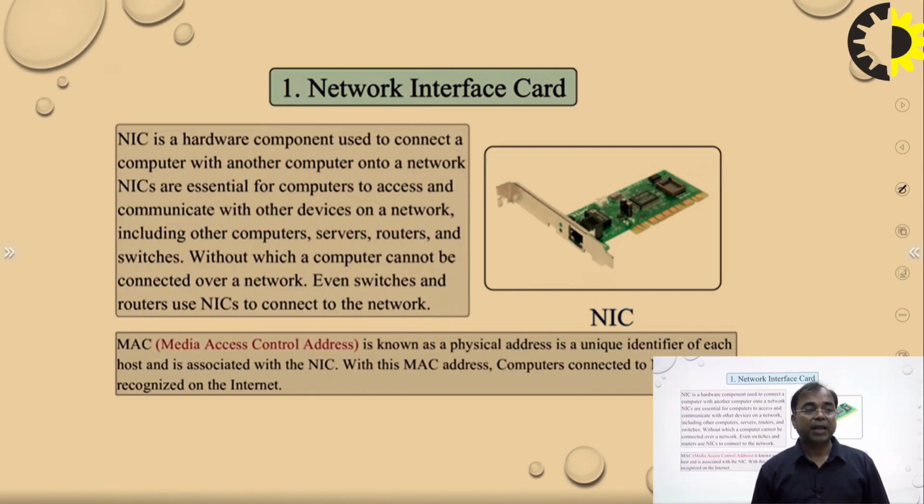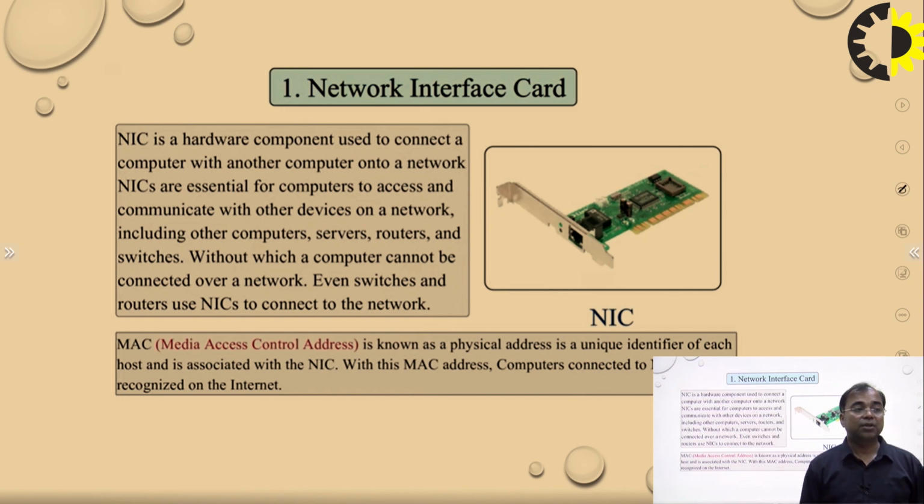So what is the MAC? That is media access control. MAC is also known as the physical address or a unique address. It is what identifies each host associated with a network interface card. So with this MAC address, a computer connected to a NIC can be recognized on the internet.